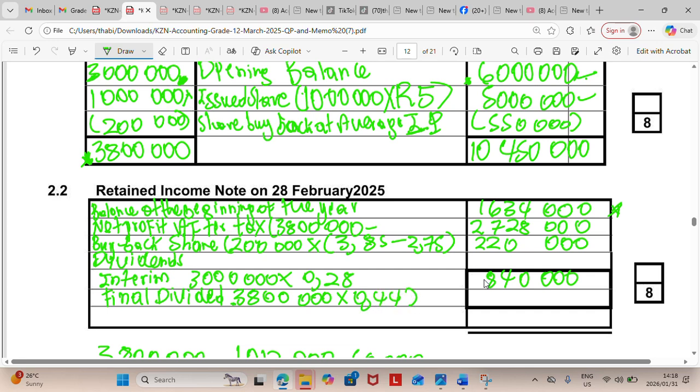And then on your side, you should get 1,672,000. And then what do we do? We add these two and get our dividends of 2,512,000.